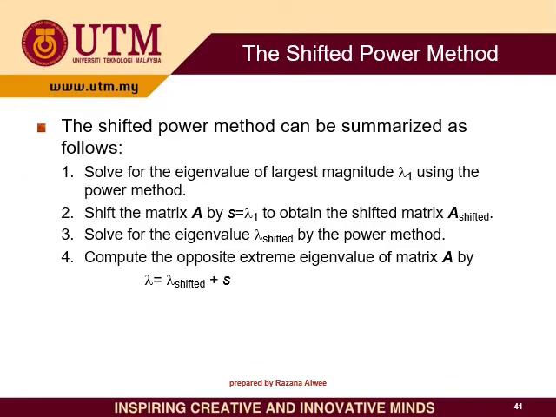How do we do the shifted power method? To summarize, first you need to have the largest magnitude eigenvalue lambda 1, using the power method.